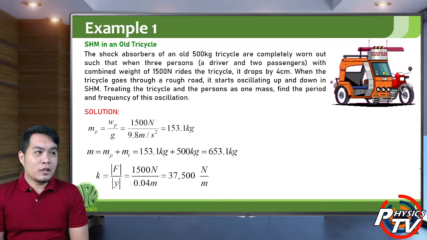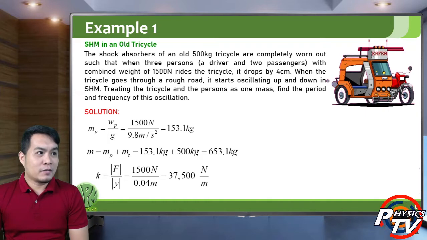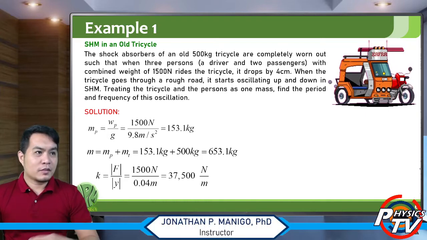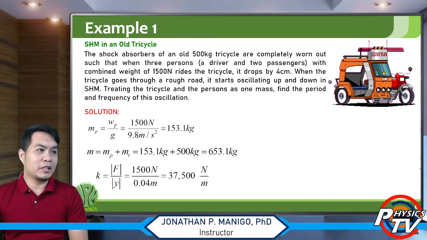So you will have 1,500 Newton divided by the displacement. The tricycle drops by 4 centimeters, so that's the displacement. So you will get k of 37,500 Newtons per meter.